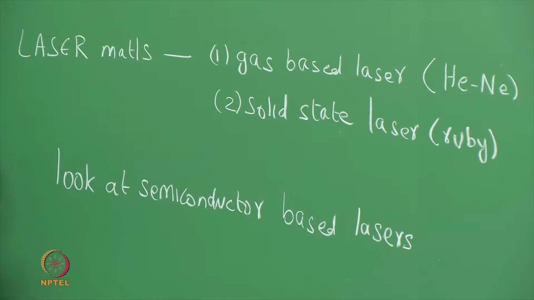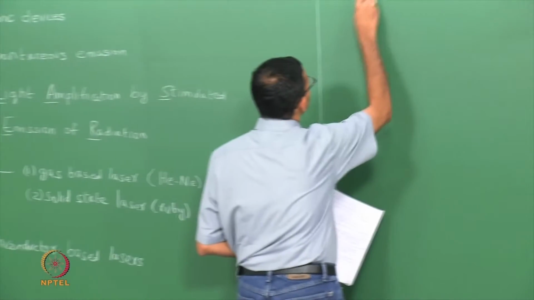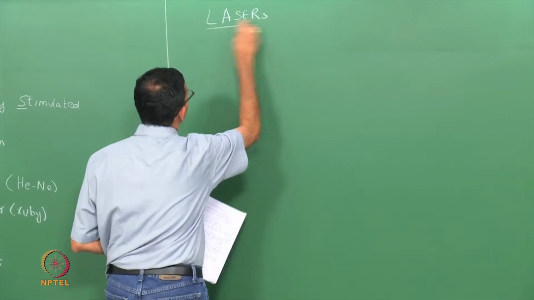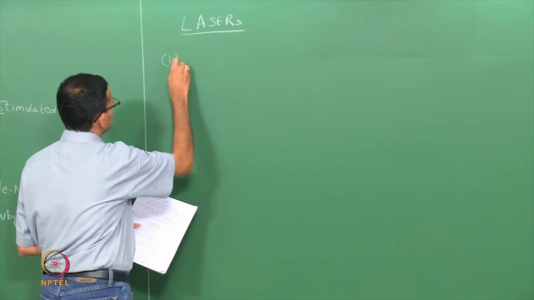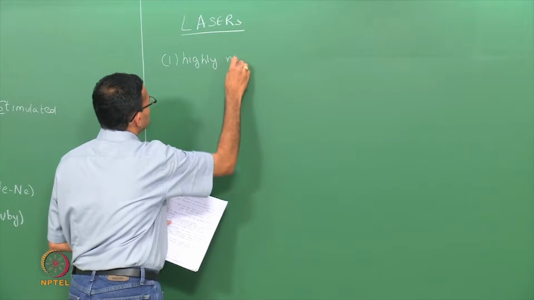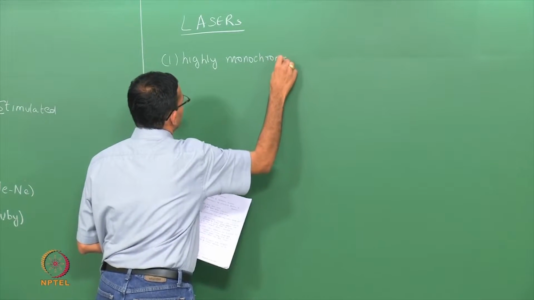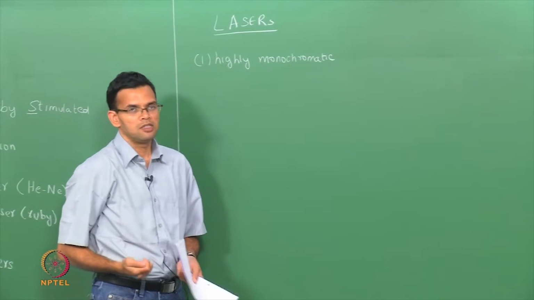So, what are some of the important properties of lasers that you must keep in mind? Lasers are highly monochromatic, which means the line width is really small.